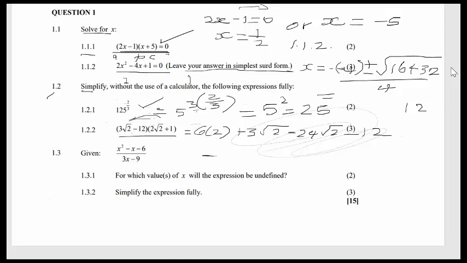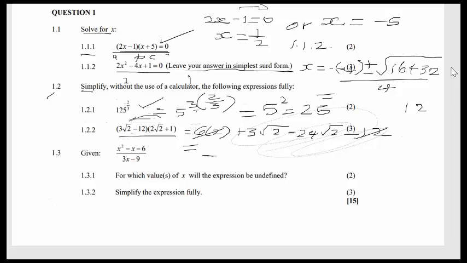And then now the like terms. Negative 12 and positive 12 cancel each other out, because one is positive and one is negative. The like terms are 3 square root of 2 minus 24 square root of 2.